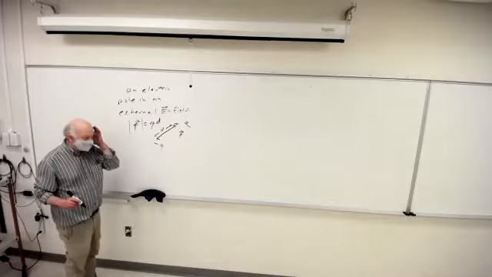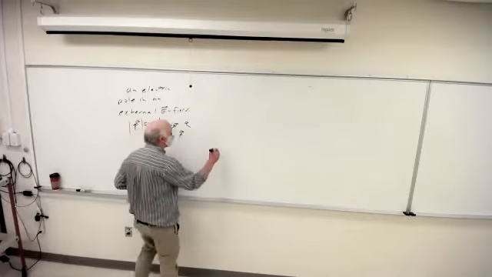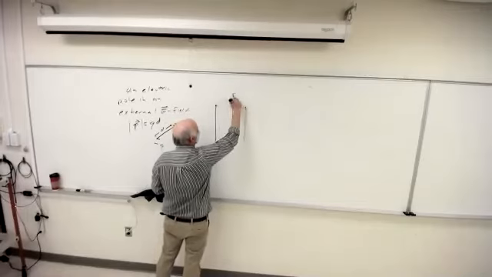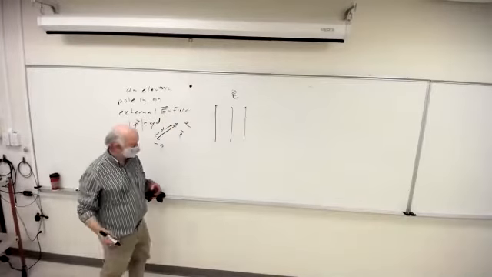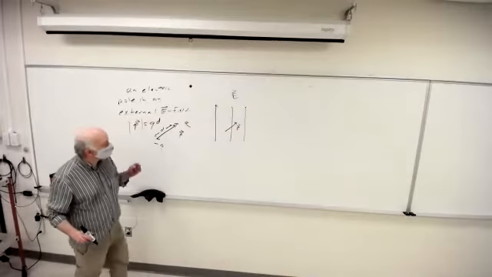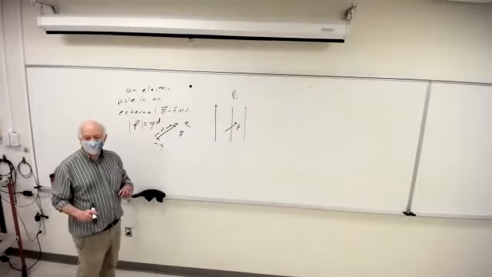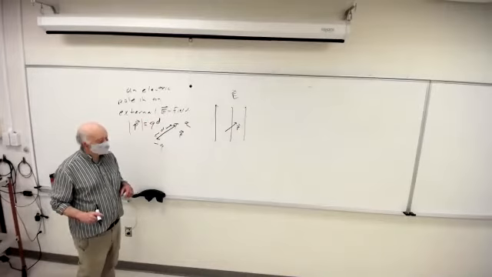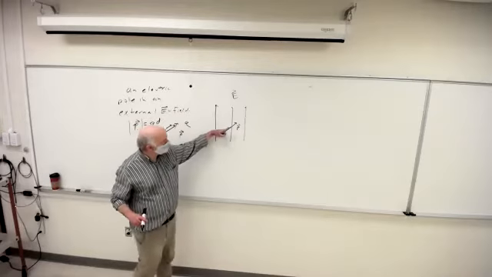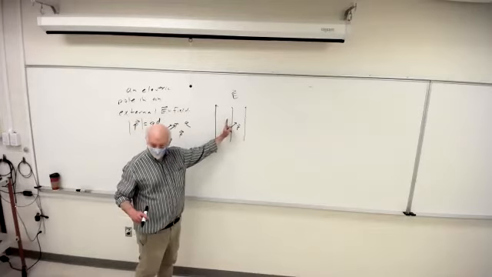Okay. And the claim is that if we have an electric field like this, so this is some sort of external field, and if this is P, what is that external field going to do to that P? Yeah, it's going to take that P and align that P with the E field.